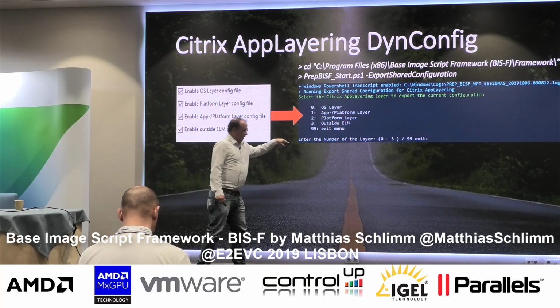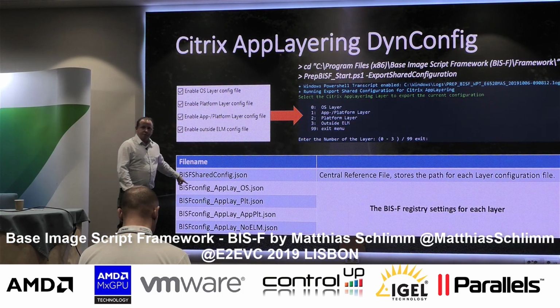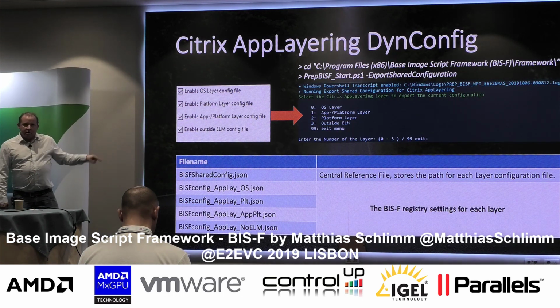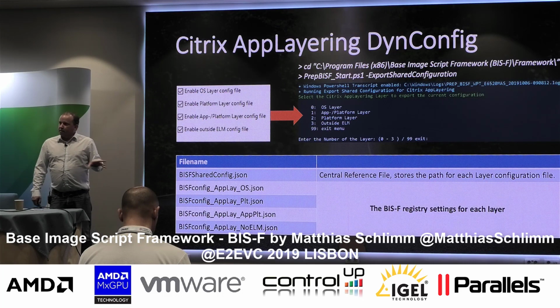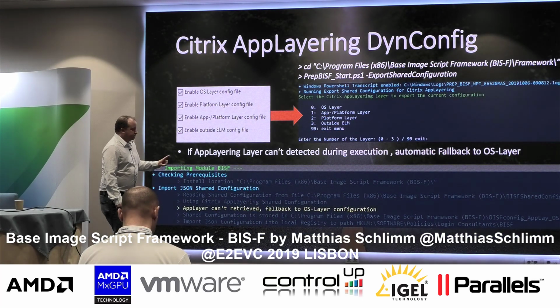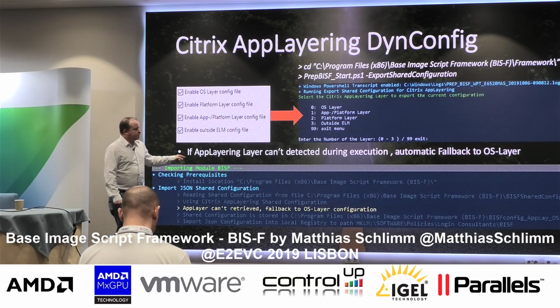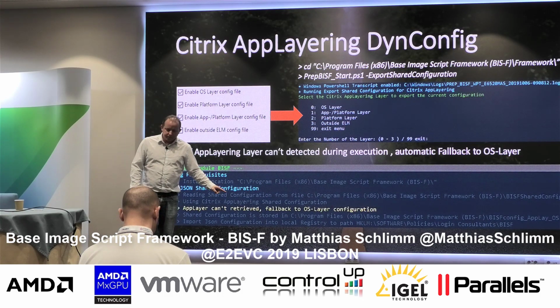Enter the number for the layer, and then you get a different JSON file. You put it in your installation folder, and based on your layer, this configuration is applied. Very simple, but very helpful. And during startup, if no layer configuration is available, BIS-F automatically switches back to the OS layer configuration.